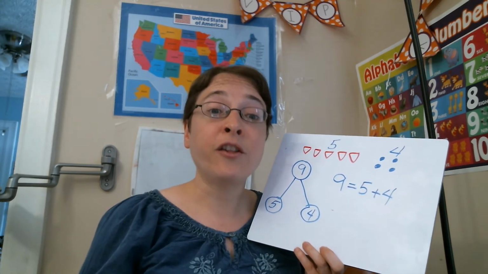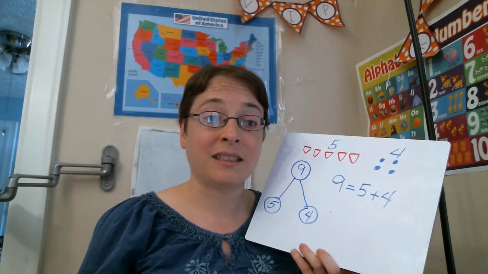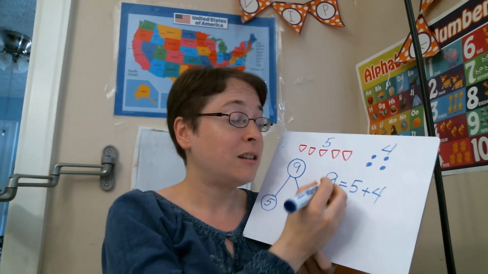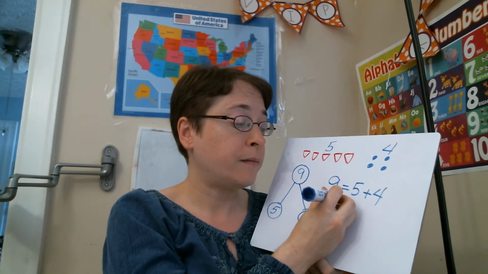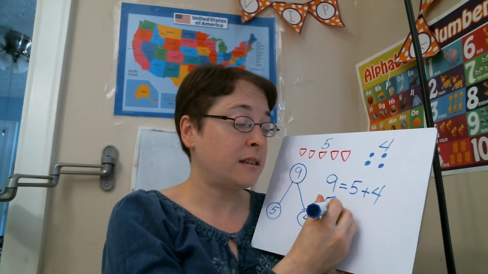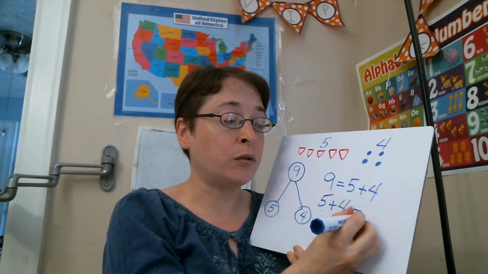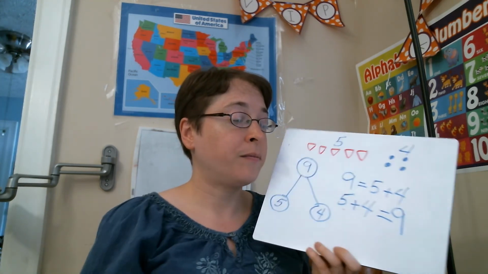Now there's another way that we can write this number sentence. We can start with the parts. So what are the parts? 5 and 4 equals 9.